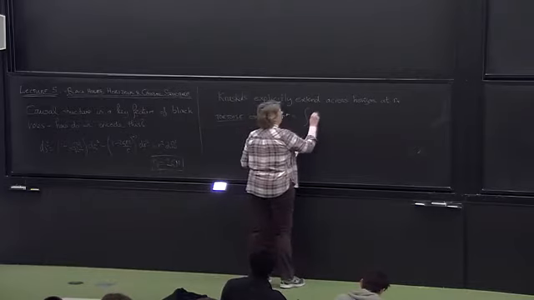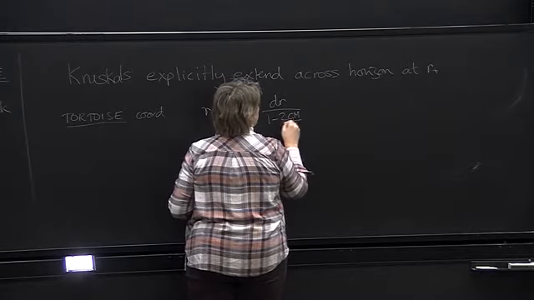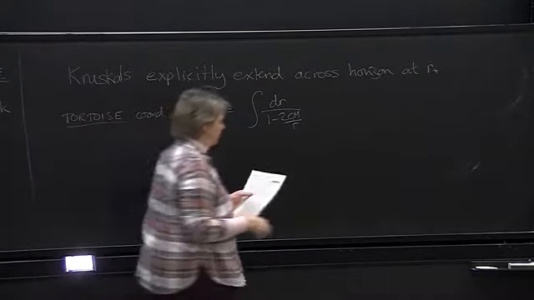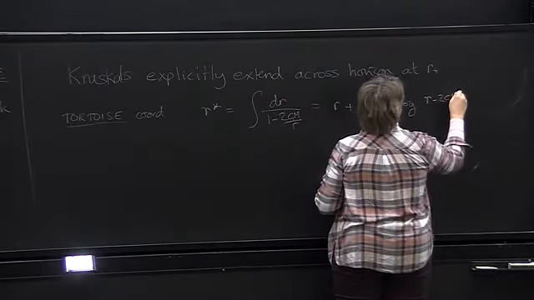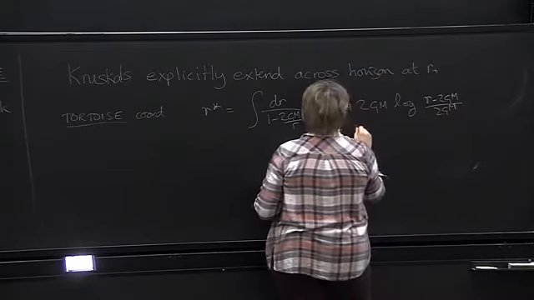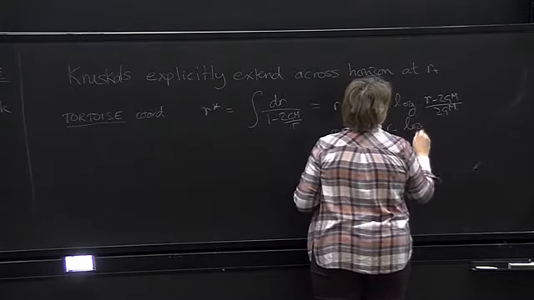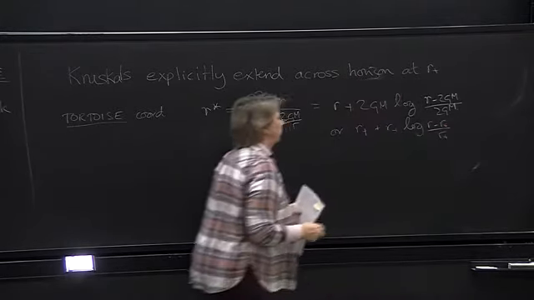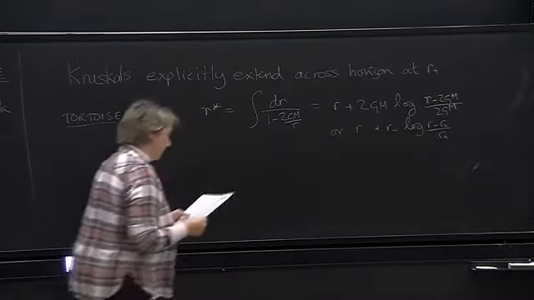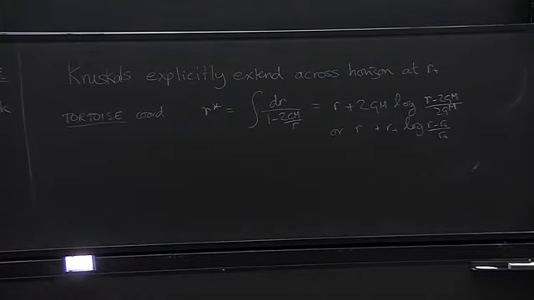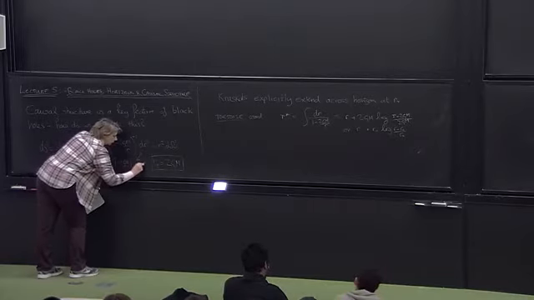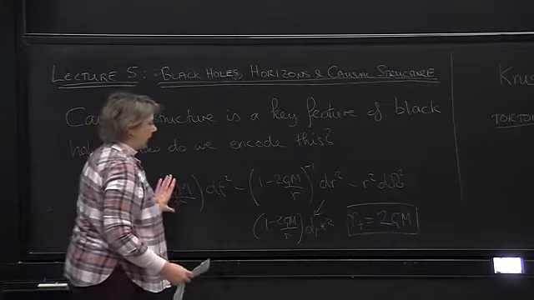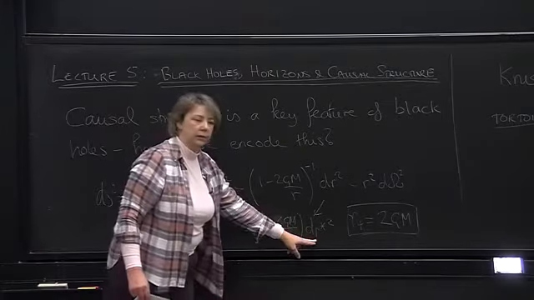So if we define our r star as the integral of 1 over 1 minus 2GM on r, then this part of the metric becomes the same factor as g_tt times dr star squared.